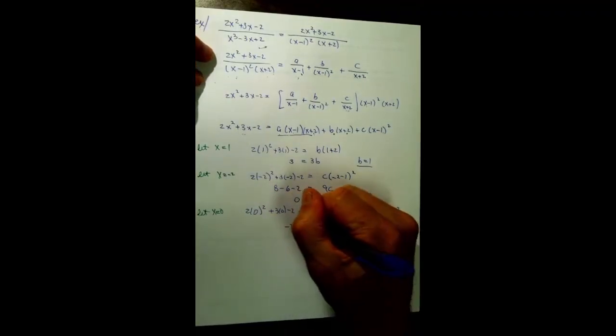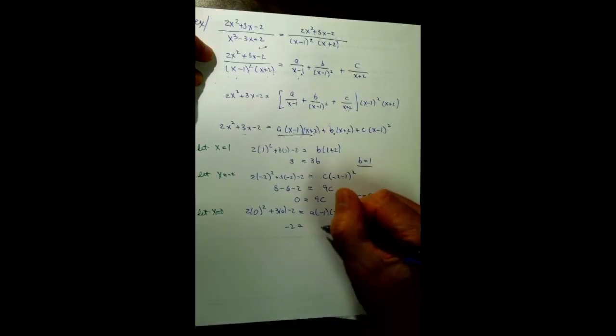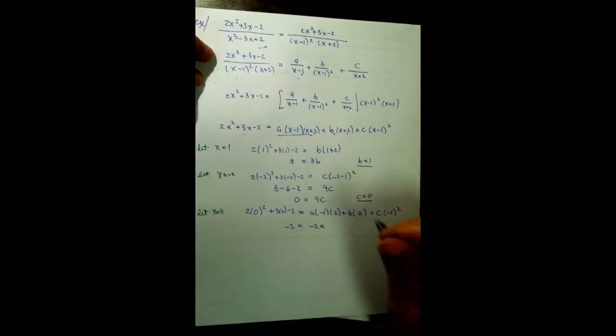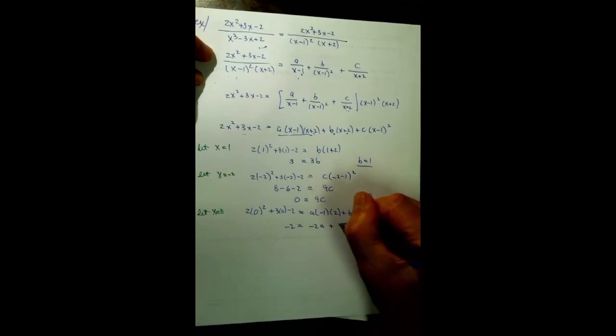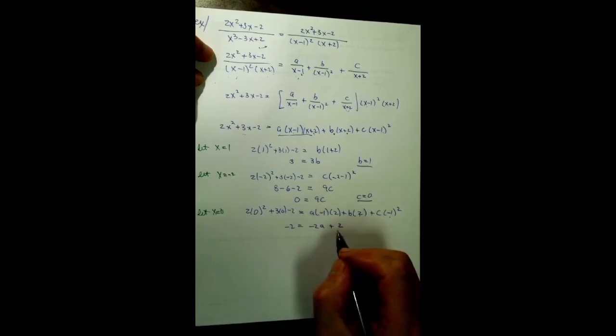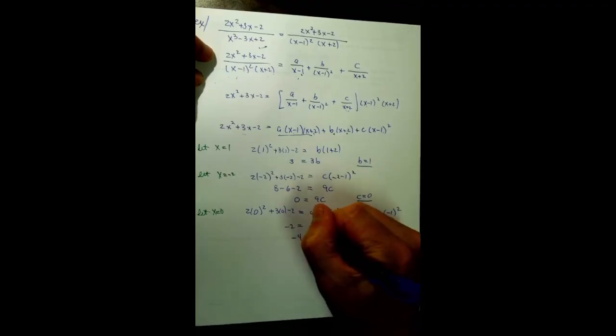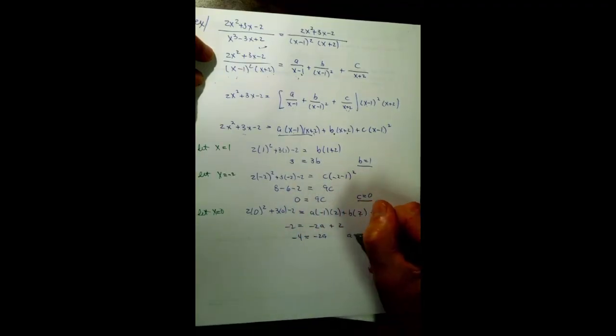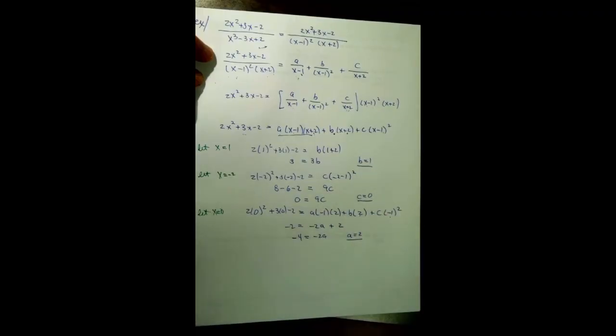So I get −2 = −2a plus 2b, but b is 1, so that's going to be plus 2. c is 0, so that goes away. So now if I subtract 2 from both sides, I get −4 is −2a, so a equals 2.